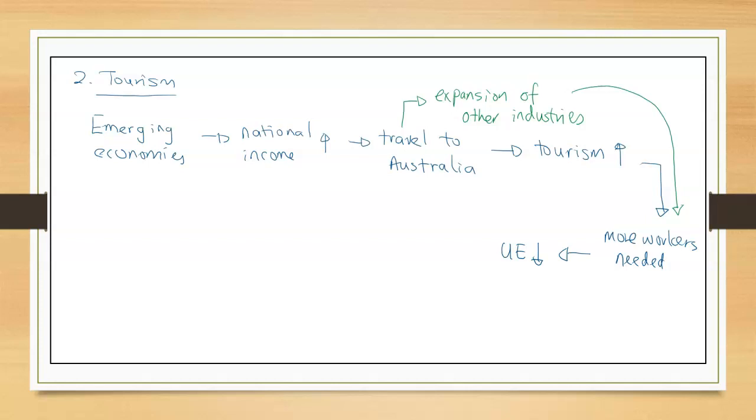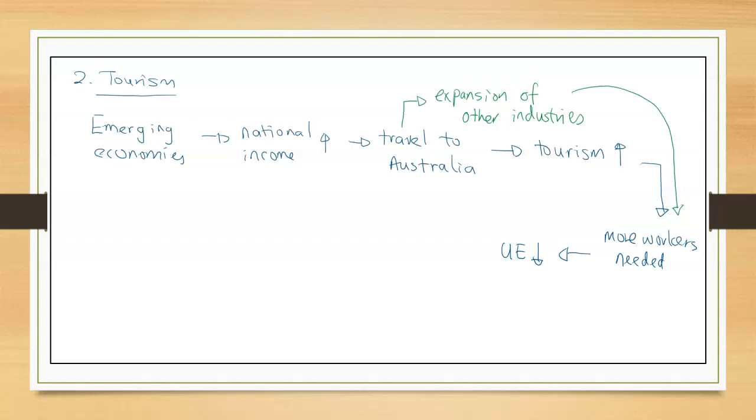So you can say that the purchasing power of people in developing economies increases over time. When their purchasing power increases, when they think of going on holiday, they can choose to spend their holiday within their country or abroad, and Australia can again be one of the attractive destinations.